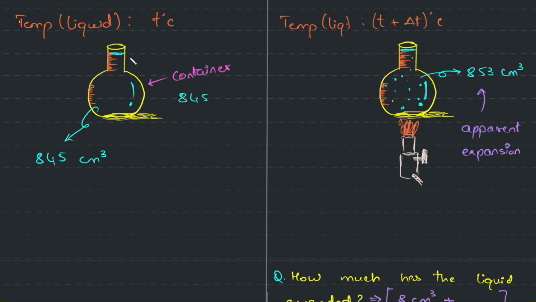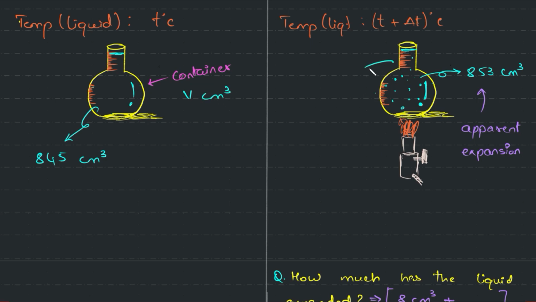So if it was, say, 845, it's a bit more actually. Let's consider it as 850, or say we have reached the brim per se, almost. Or let me not do this. Say it is V centimeter cube.